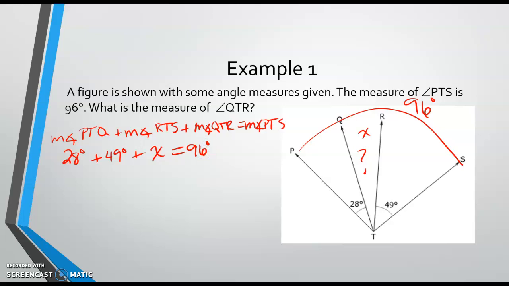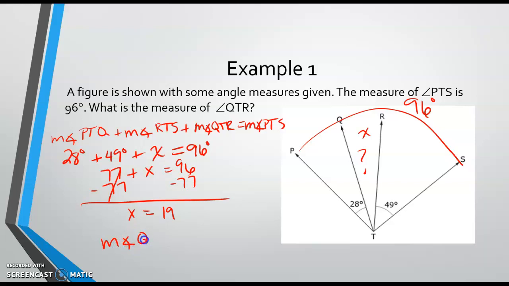And so from here, it's just solving. So we're going to take 28 plus 49, which is 77. So I have 77 plus X equals 96. We're going to subtract 77 from both sides. So X equals 19, which means that the measure of angle QTR equals 19 degrees.